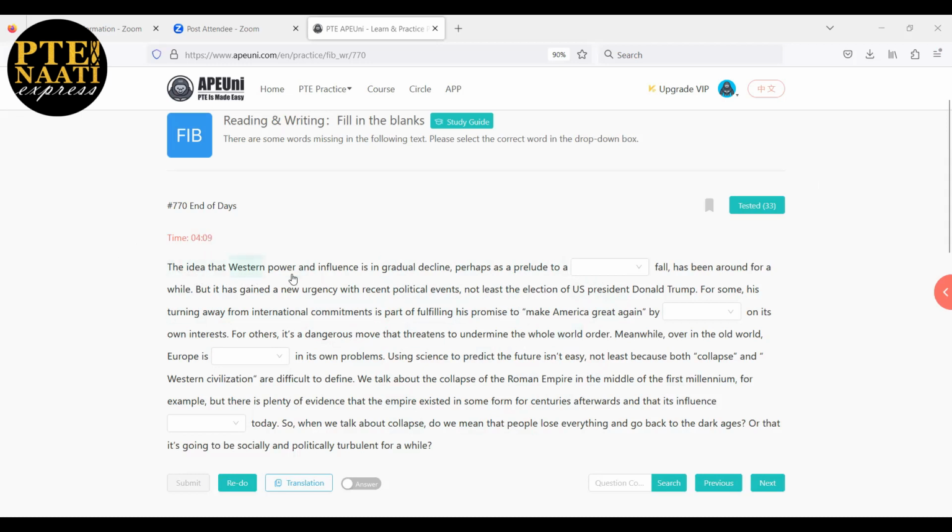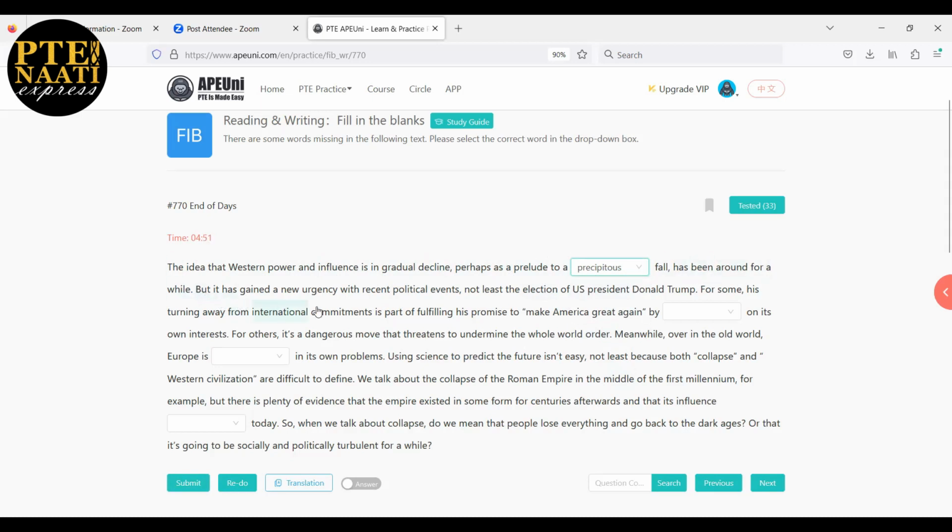The idea that Western power and influence are in gradual decline, perhaps as a prelude to a precipitous fall, has been around for a while.